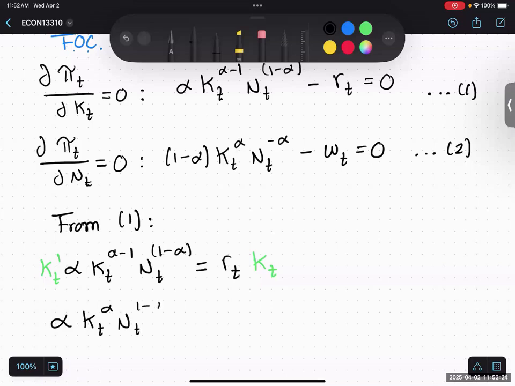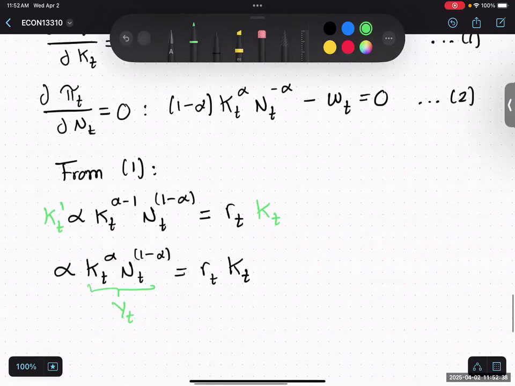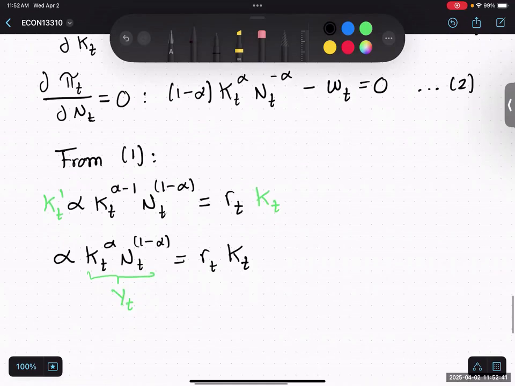The right-hand side is just R_t K_t. And you know that this is GDP, so it's very simple, because now you can re-express your first order condition as alpha Y_t equals R_t K_t.